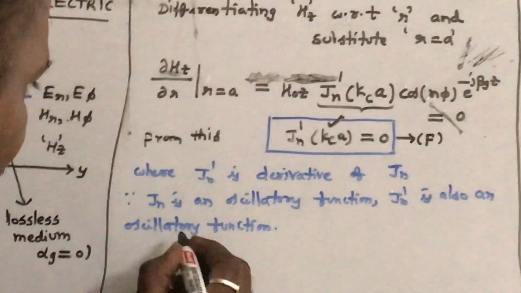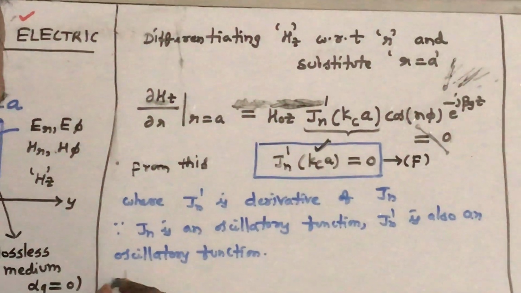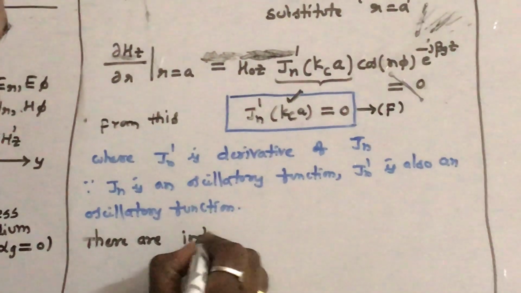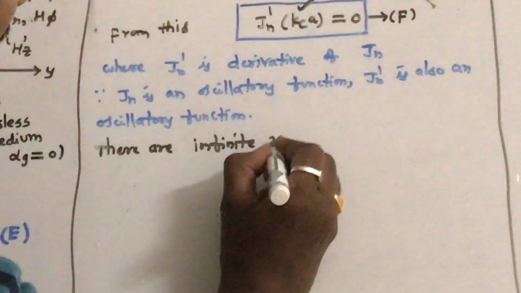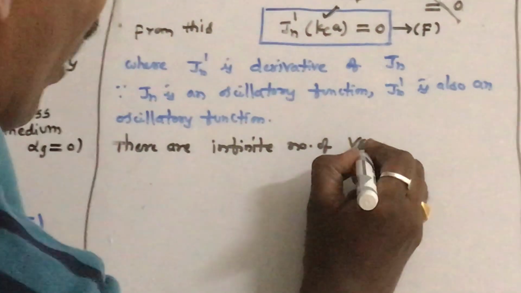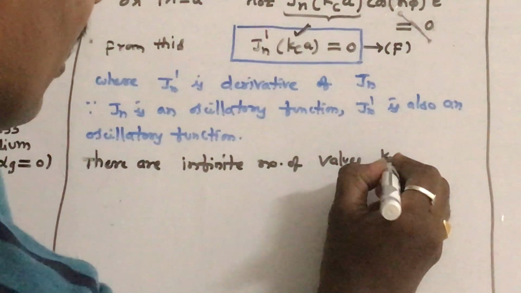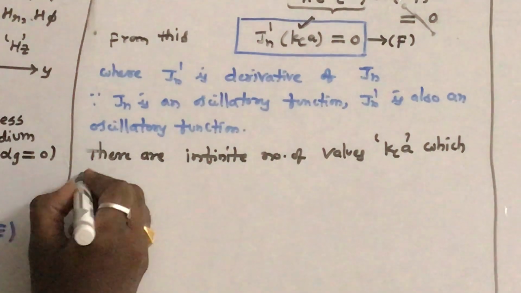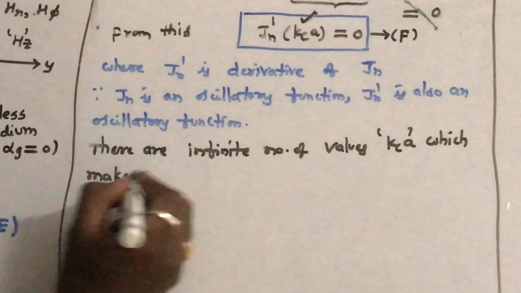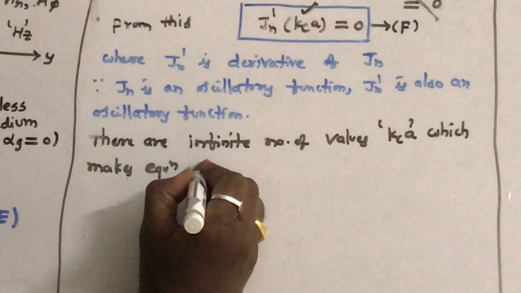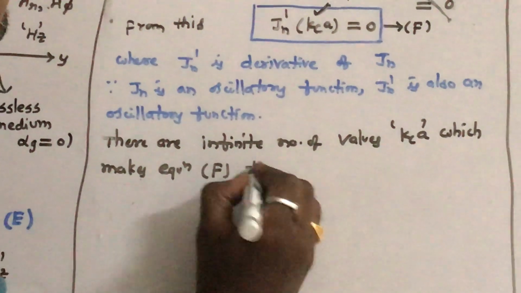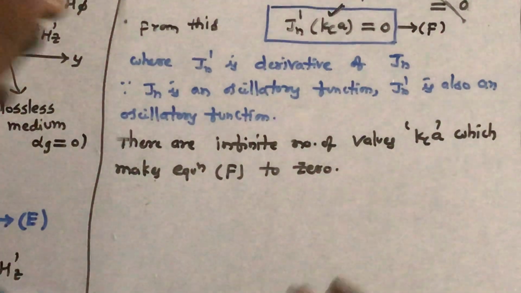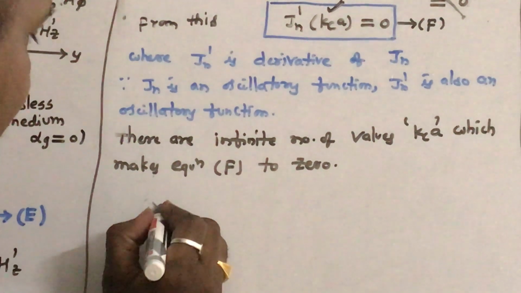So therefore there are infinite number of values of Kc into A which make equation F to 0.